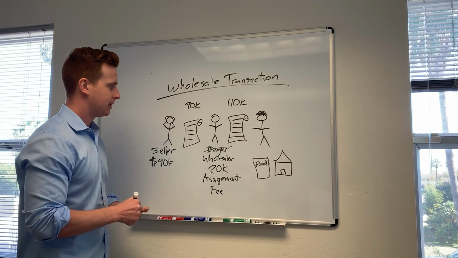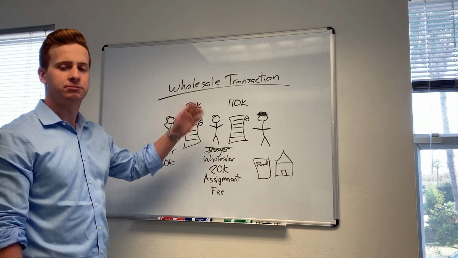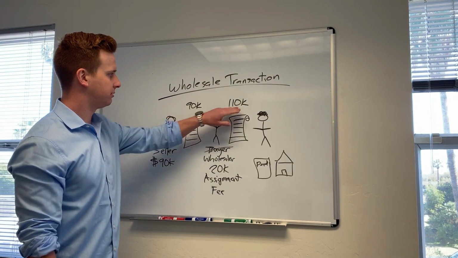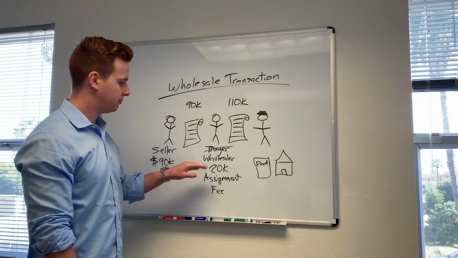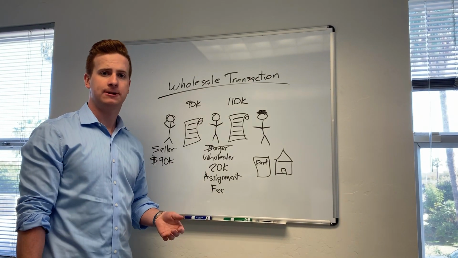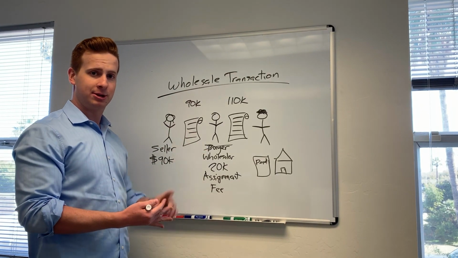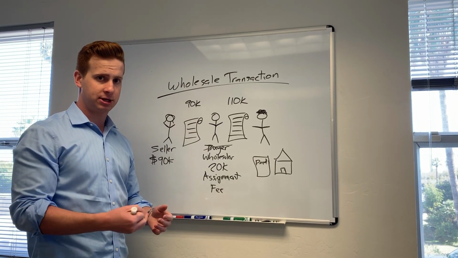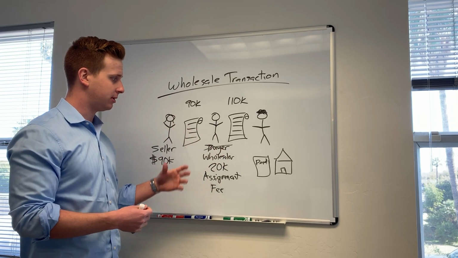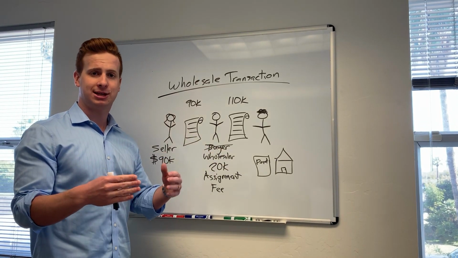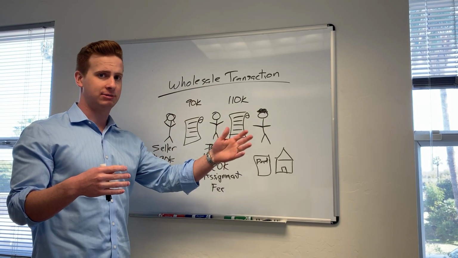Again, the numbers are not always this way. Sometimes you get it for 90, you sell it for 95, and then you would make $5,000 as an assignment fee. But overall, one, we didn't have to purchase the property. Two, it's a rather fast closing transaction. These are investment properties, which means they're not taking 35 days to close.